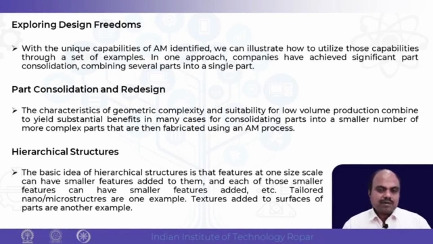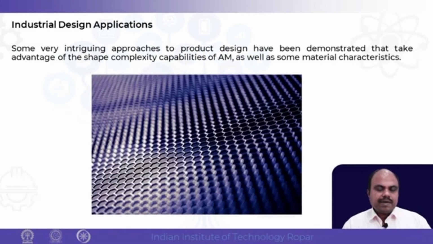So parts consolidation and redesign. Especially this is important when low volume production is there. If you want to have more parts, it is going to be expensive. So parts consolidation is something which is important to have. Hierarchical structures we can have. Industrial design application.